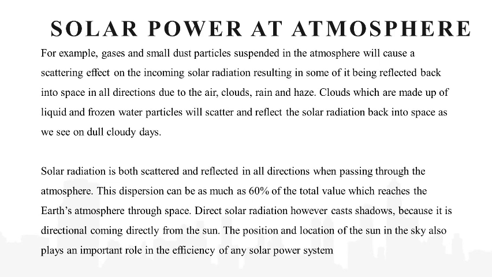Next is solar power through the atmosphere. For example, gas and small dust particles suspended in the atmosphere will cause a scattering effect on the incoming solar radiation, resulting in some of it being reflected back into space in all directions due to the air, clouds, rain, and haze.